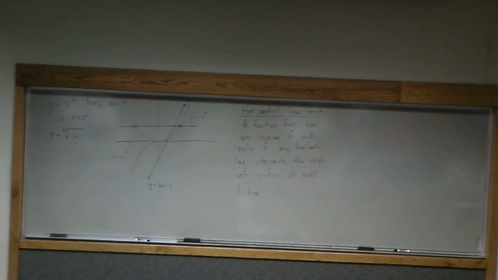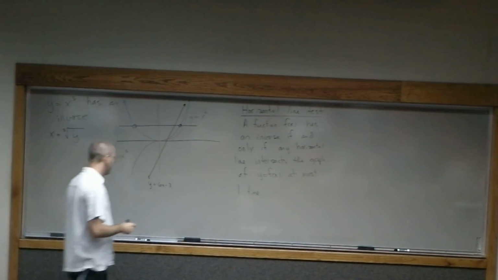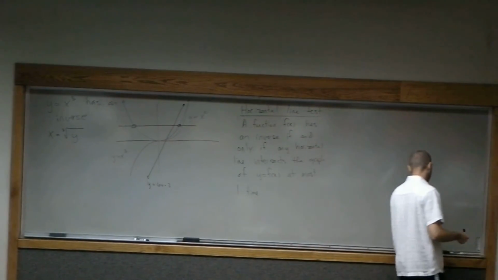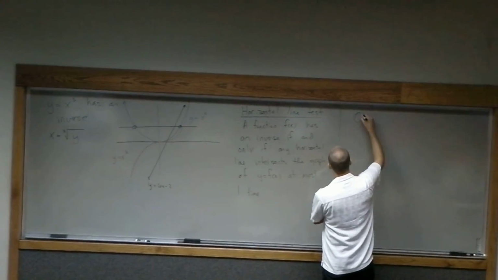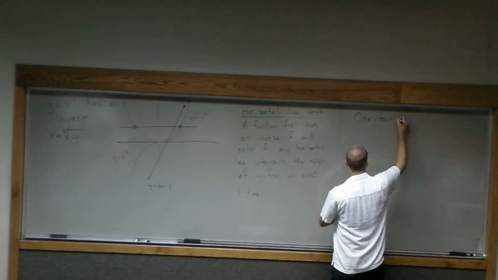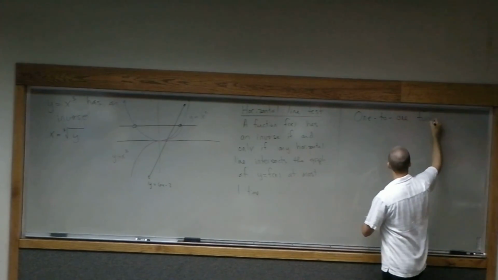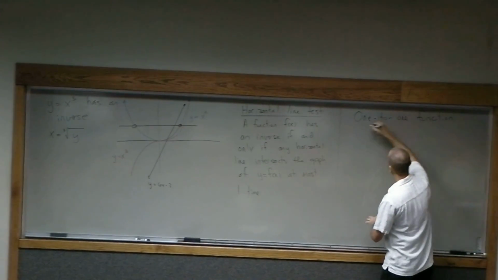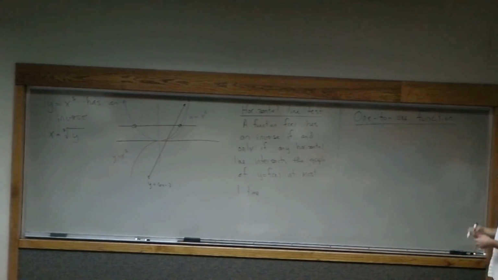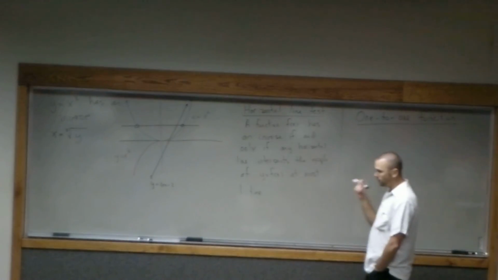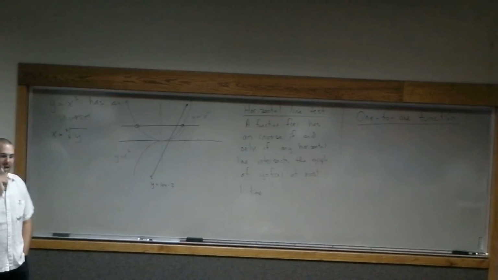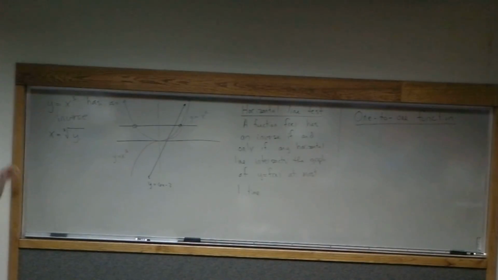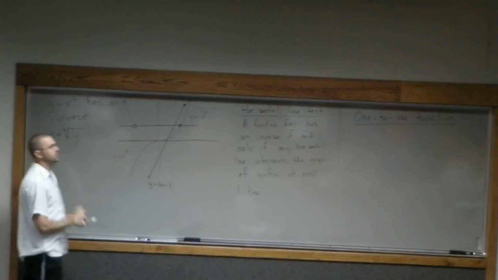This horizontal line test is a graphical interpretation of a different property, and it's what's called one-to-one functions. And a one-to-one function, like 2 of the 3 we have on the board here, is a function in which each output value comes from exactly one input. There's one and only one input value that goes to any specific y value.